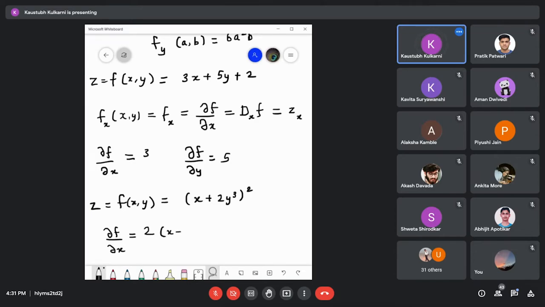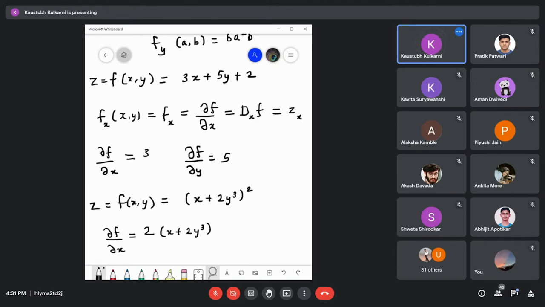So it will be 2 times x plus 2y, the entire thing basically. Consider this entire thing as another variable, let's say m or whatever, a variable square, and you are taking its derivative.